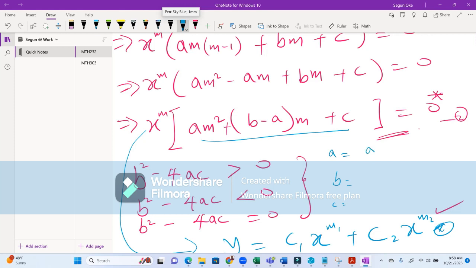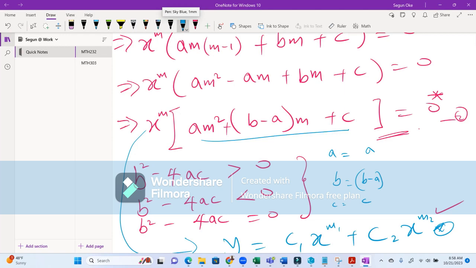A is A. B is B minus A. And C is C. Do you agree with me? Yes, sir. Because m is our variable that we are dealing with here, it's the one that carries the square down. That is why we deal with m.